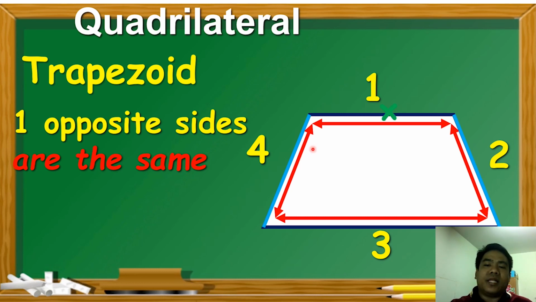Now, number 1 and 3 are not the same length. This one is short, this one is long. So only one pair of opposite sides are the same, which is 4 and 2. Okay, so we call that one a trapezoid. Again, trapezoid.